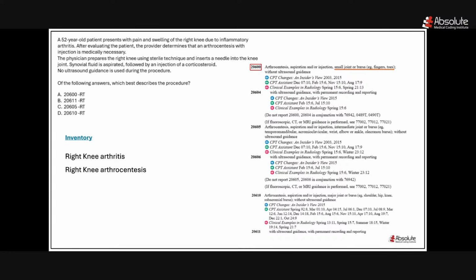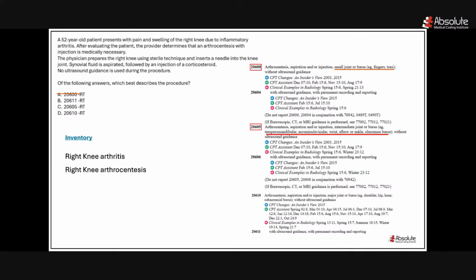We have a right knee arthrocentesis, and 20600 is coding for an arthrocentesis, aspiration or injection of a small joint. And you have all your examples over here. It includes your fingers, toes. We had an arthrocentesis performed on the right knee, and it doesn't fall under this category. So straight away that is a wrong answer. It's not a small joint.